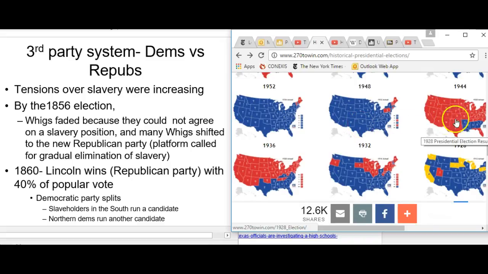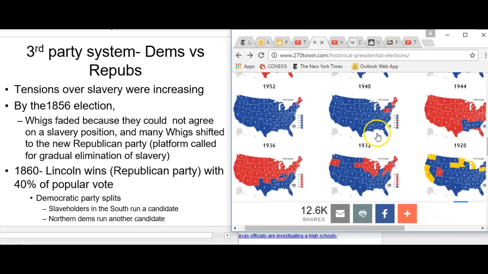1928, the Republicans win almost all of the Electoral College votes. And then in 1929, in December, the stock market crashes. And in the next 2 years, a depression sets in. Half the people are either underemployed or unemployed, and the stock market loses more than half its value.